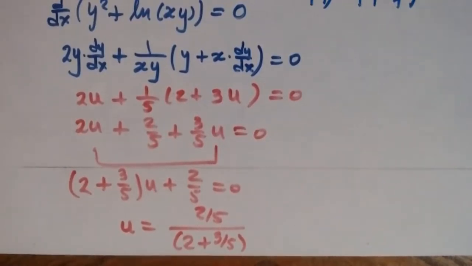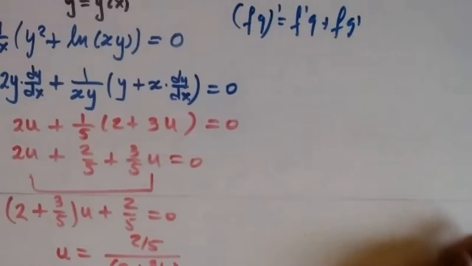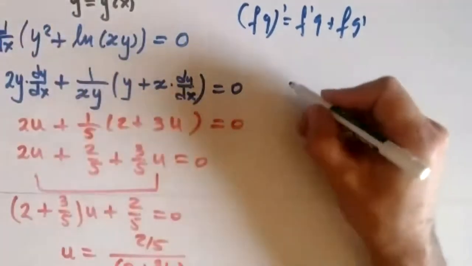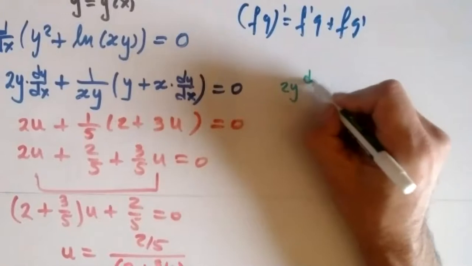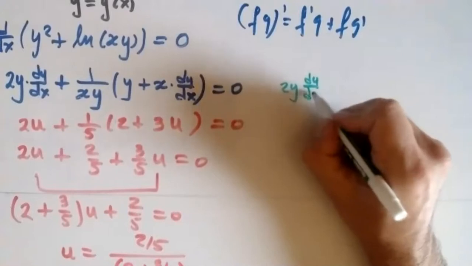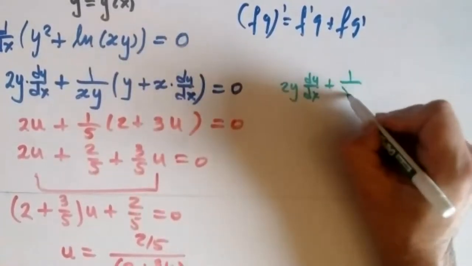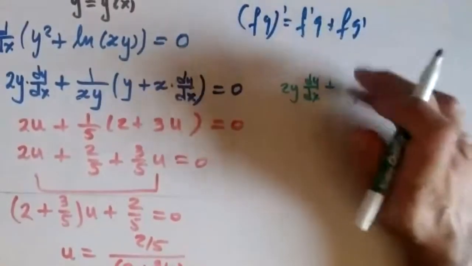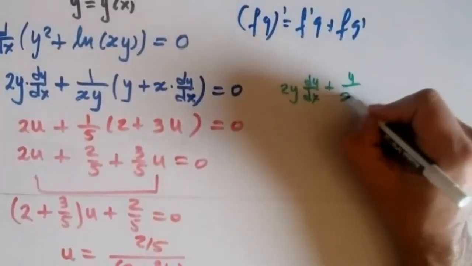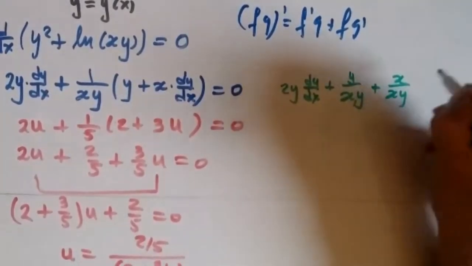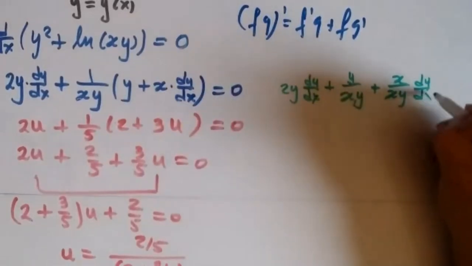Algebra 1. Well, I'm going to do exactly the same with these parentheses, you see? So I'm going to do my algebra. I'm going to break my parentheses. So this is 2y dy/dx plus x over y, parentheses y over x plus x over y, dy/dx equals 0.